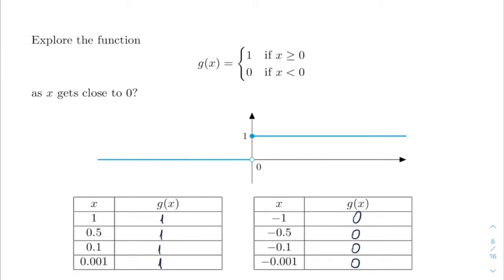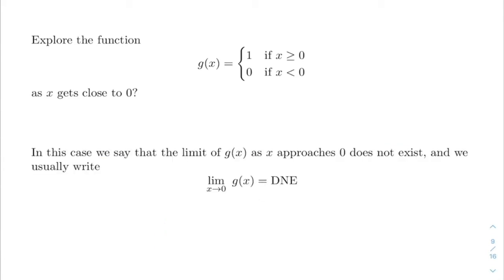So in fact, in this case, our function is not approaching a single value when x is getting closer and closer to 0. So in this case, we say that the limit of g as x approaches 0 does not exist. And we usually write this when this is the case, DNE, as in does not exist.